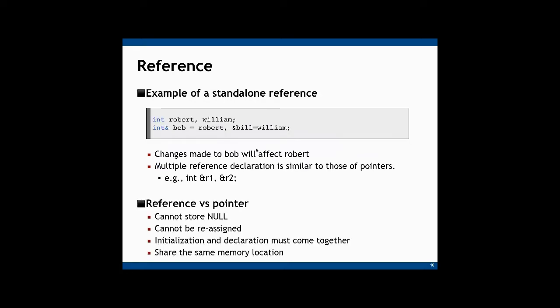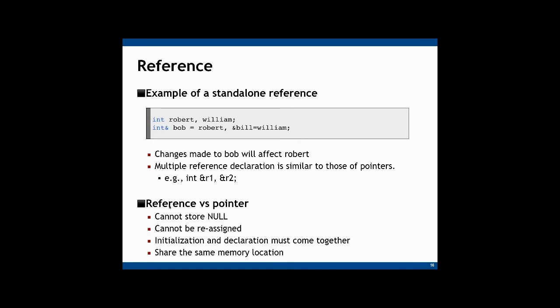So this is a concrete example of a reference variable. Here we declared Bob as a reference variable, and Bob is an alias to Robert. So if you change the value of Bob, it will affect Robert as well. And in this way, you can declare multiple references on one line.